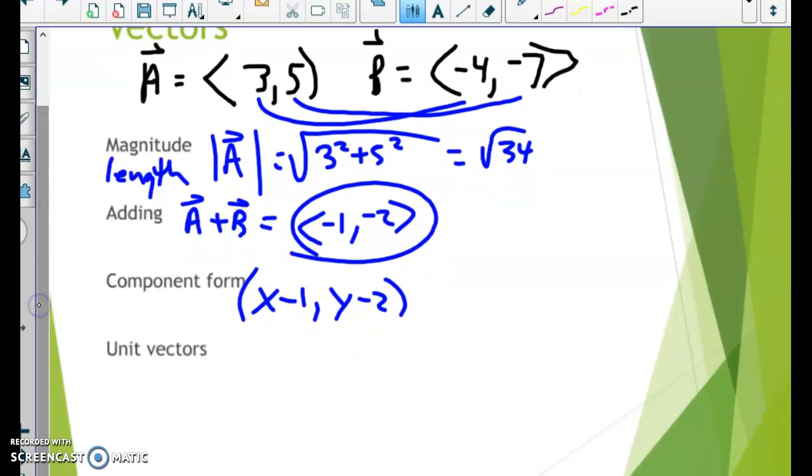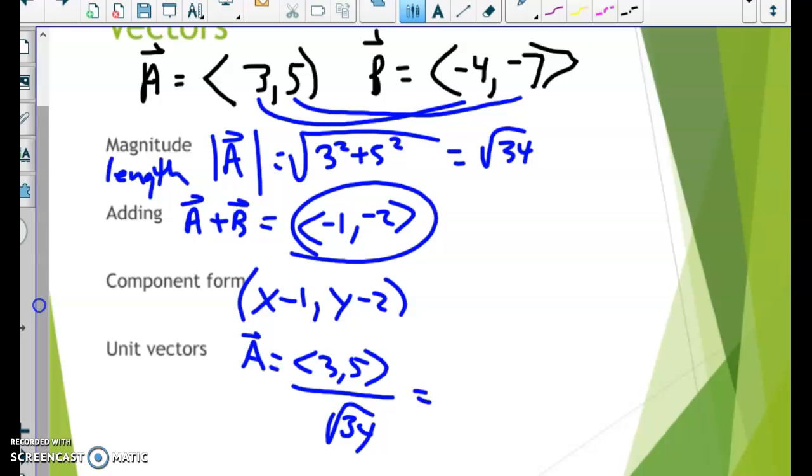Now, a unit vector is a vector in the same direction as the original one, but it is 1 unit long. So what we need to do is take our vector. I'm going to do the unit vector for A. We know that our A vector is 3, 5, and we divide that by its magnitude, which is the square root of 34.